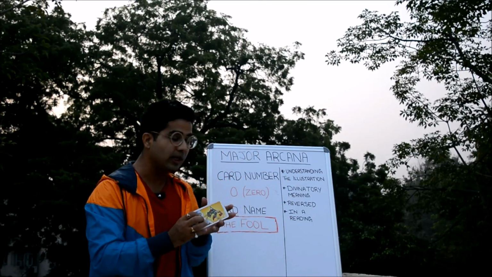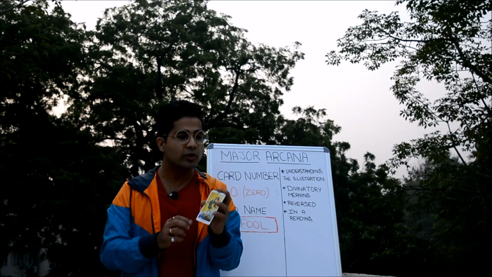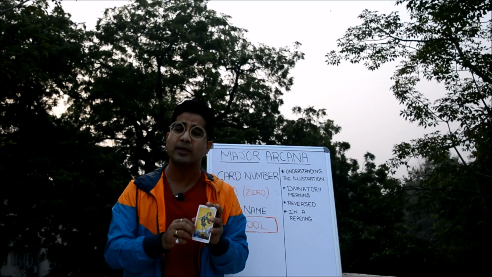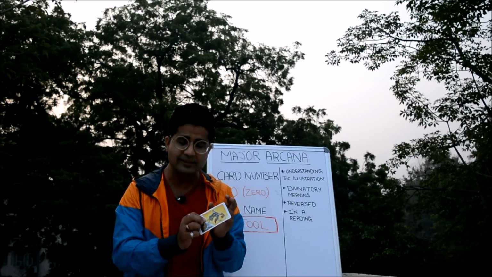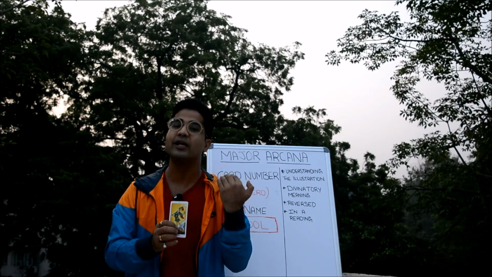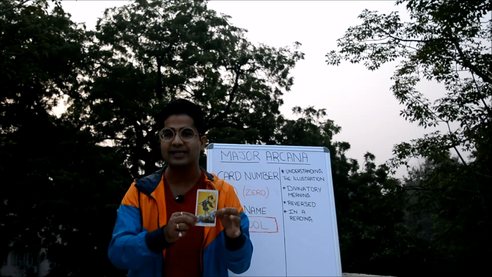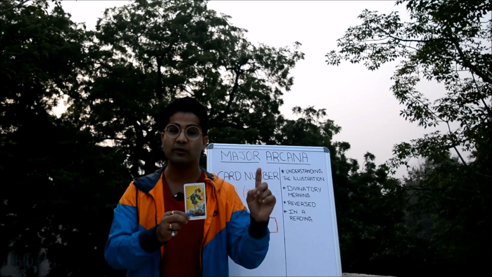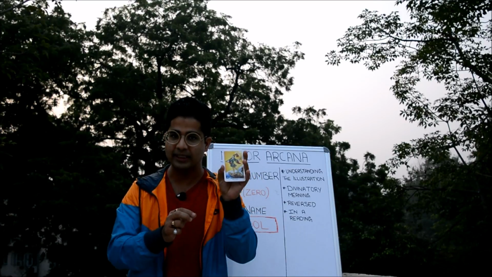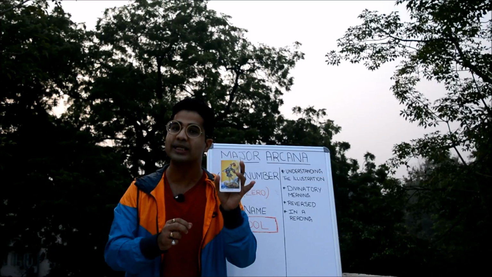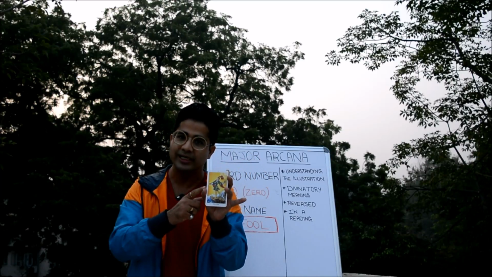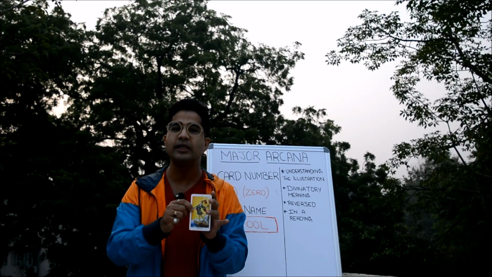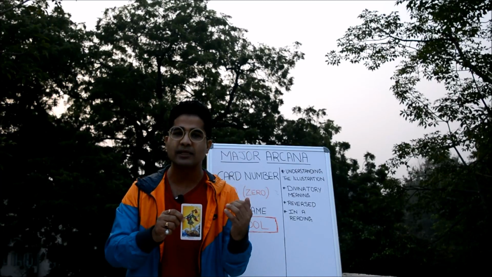When it comes to understanding its meaning in a reading, many times when people come to me for a reading and this card appears, the way I do a reading is that first I try to understand and relate the person with one individual card, and this being a major arcana card, someone can be related to this card. So this relates to all situations when the person has completely left himself to fate.